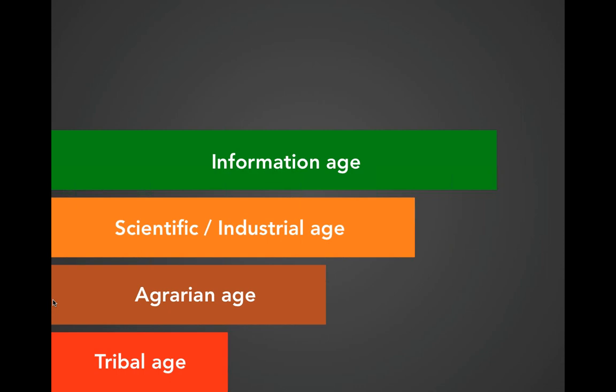And I won't spend any time on this, but I just wanted to show you this often overlooked fact: every historical period in human history had its very own management model, its very own organizational model.